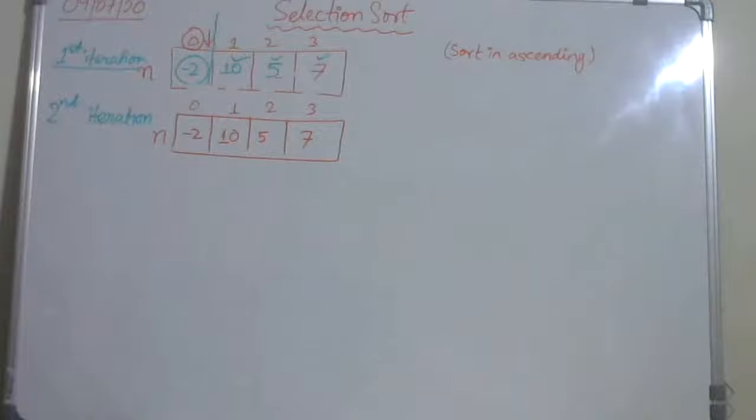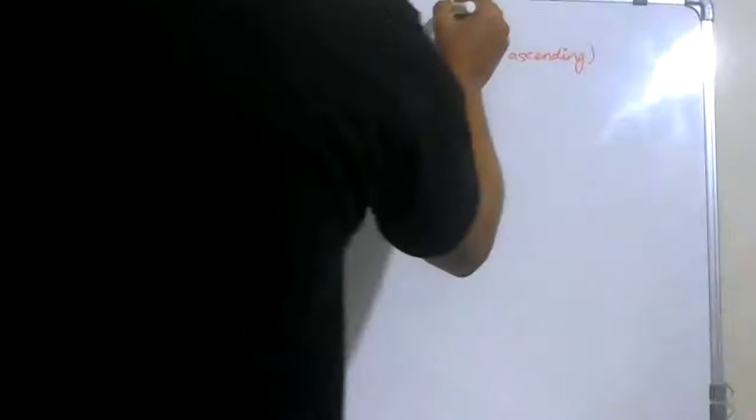So if you remember the original array, let me write down the original array here. The original array had the elements in these particular positions initially. So let's say this is the original array that is unsorted.